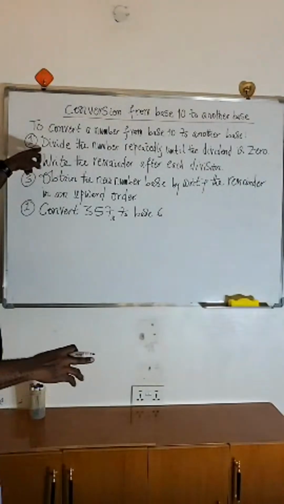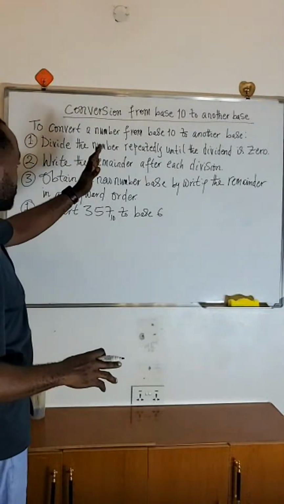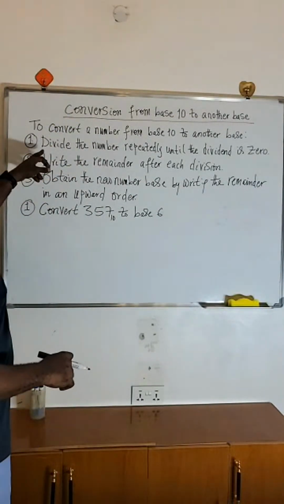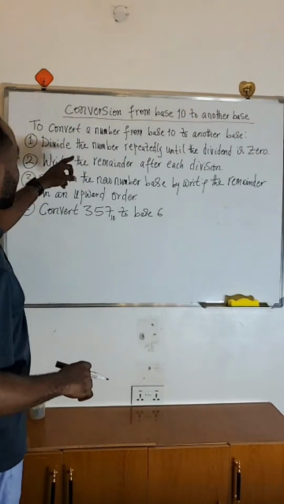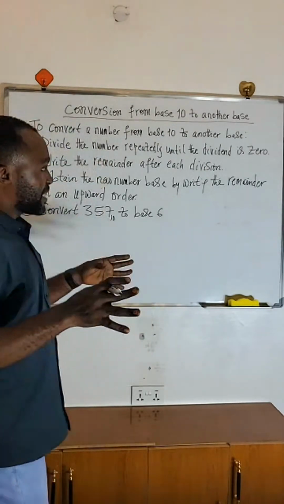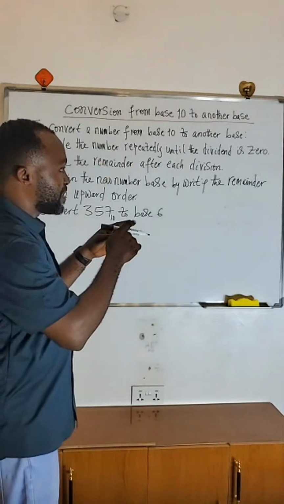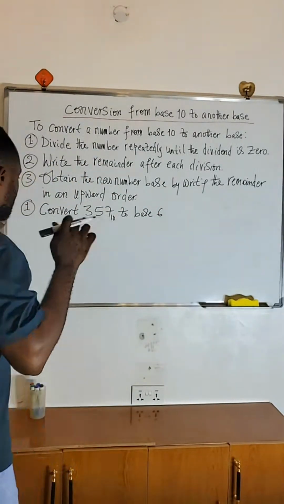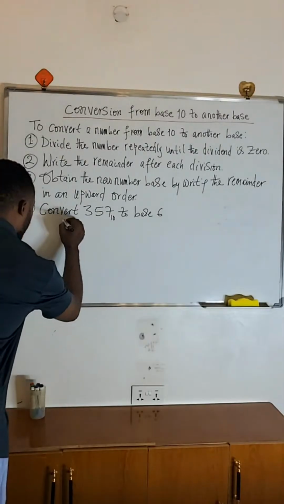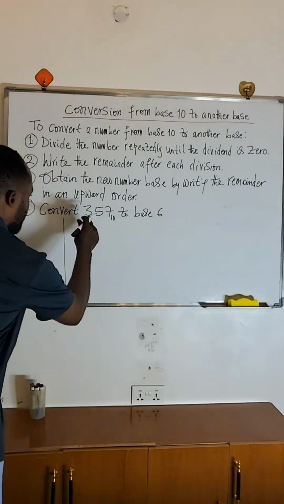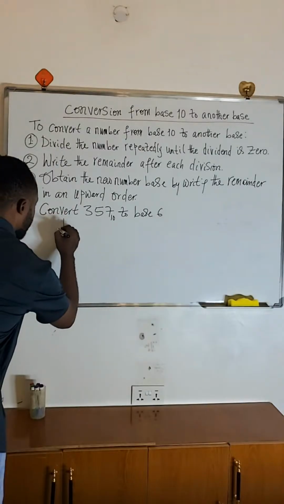Just like we said in the notes here, the first thing is that you divide the number repeatedly until the dividend is 0. So let's do it. This is 357.